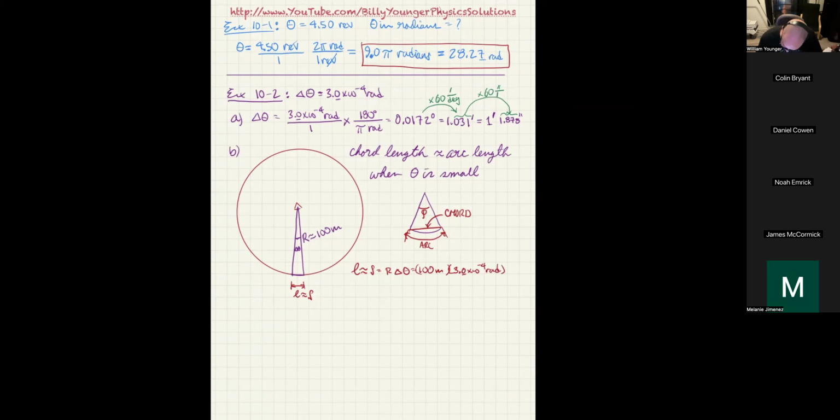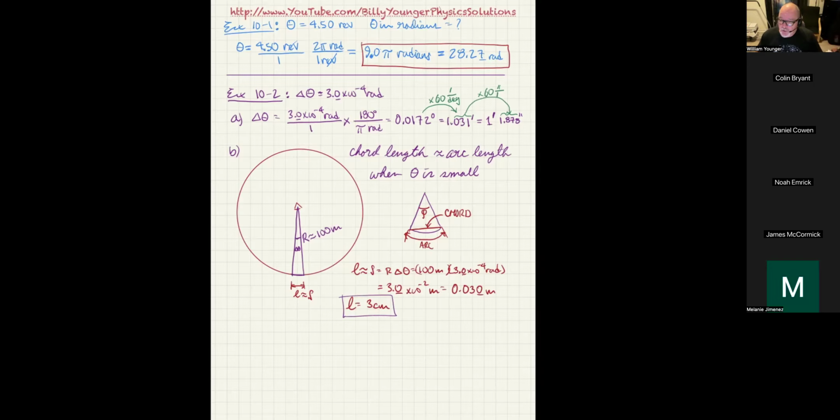And 100 times that is going to give us 3.0 times 10 to the negative 2 meters, which is 0.030 meters. So L is equal to 3 centimeters. So that means at 100 meters away, a bird of prey with this type of eyesight can actually tell the difference between two objects that are 3 centimeters apart. That's a pretty big deal.